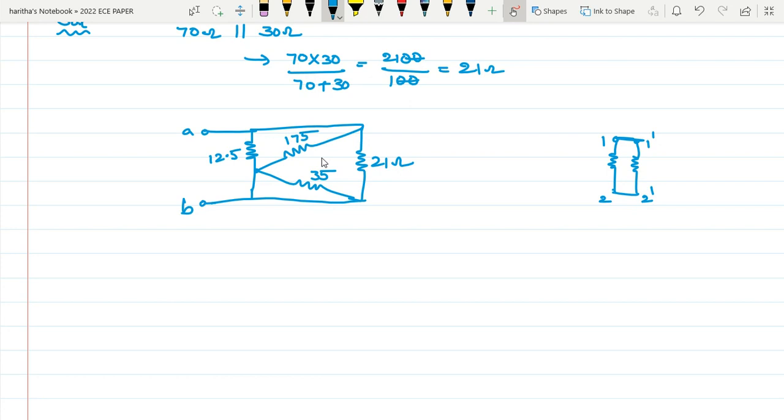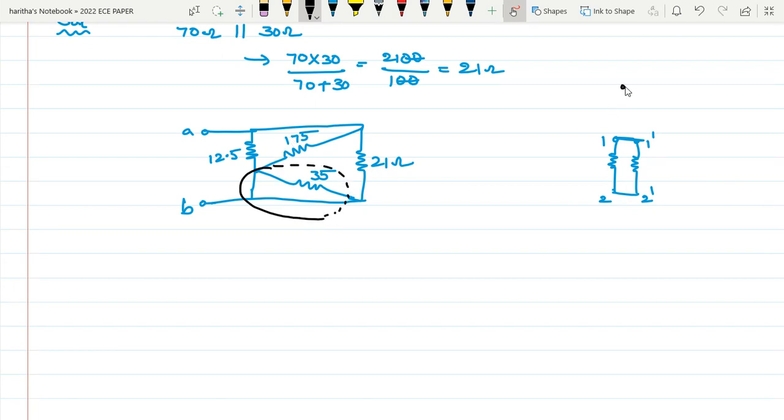So before going to that, you can see this here. Across 35 ohm, there is no resistor connected, but there is a wire across this. That indicates that you can neglect this.